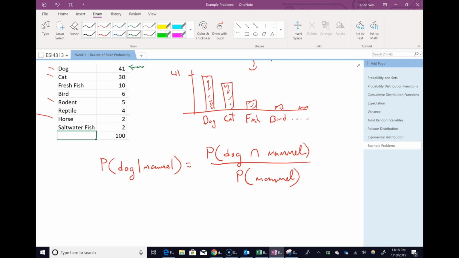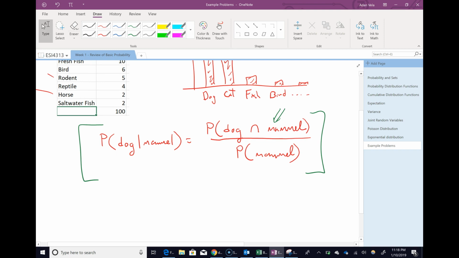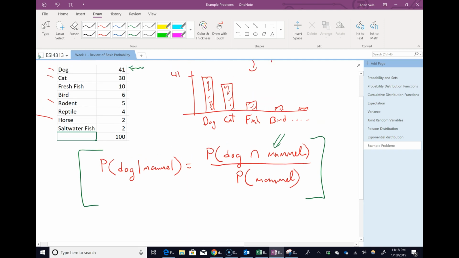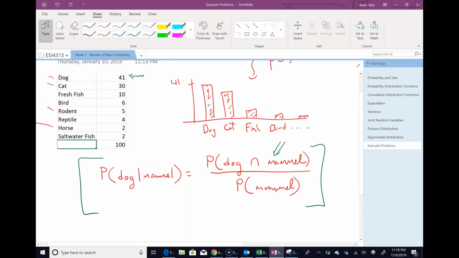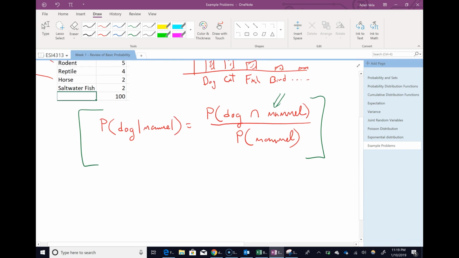So we go ahead and do our conditional probability equation, and we can start with the top. What is the probability that you have dog and mammal? These are actually subsets of each other.